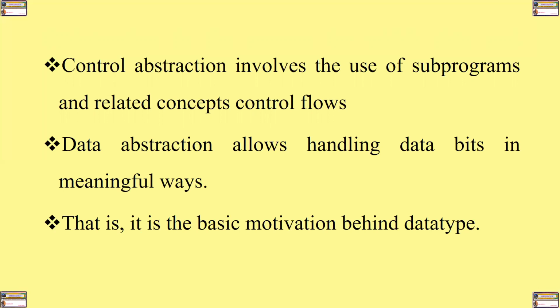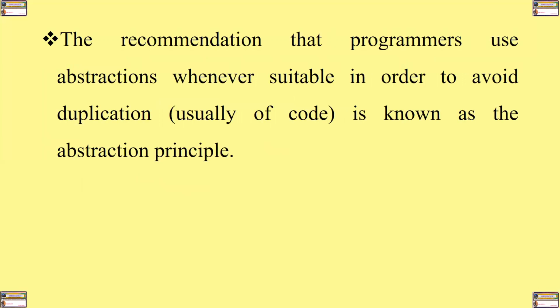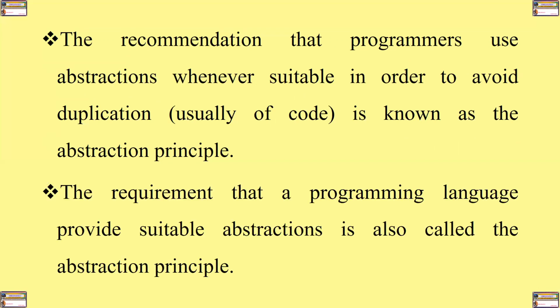That is, it is the basic motivation behind data type. The recommendation that the programmers use abstractions whenever suitable in order to avoid duplication, usually of code, is known as the abstraction principle. The requirement that a programming language provides suitable abstractions is also called the abstraction principle.